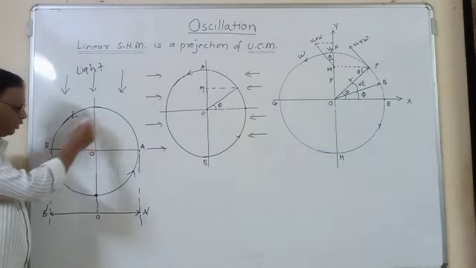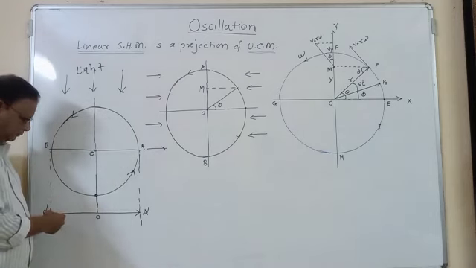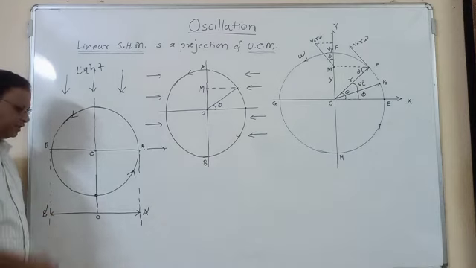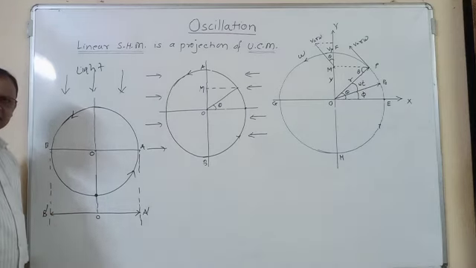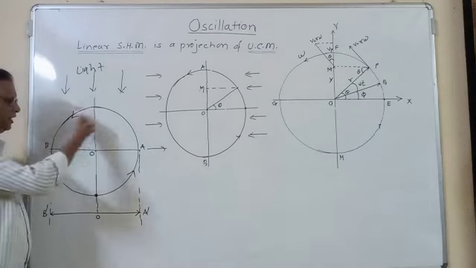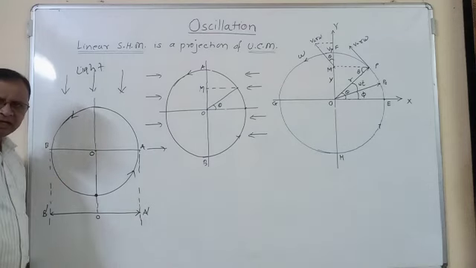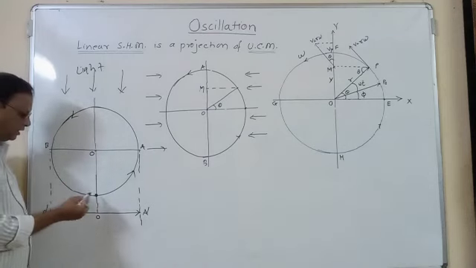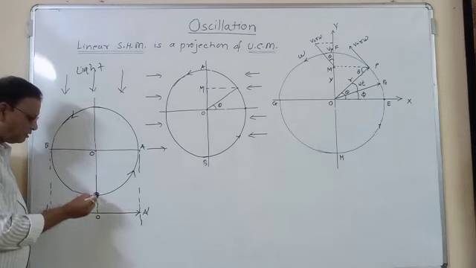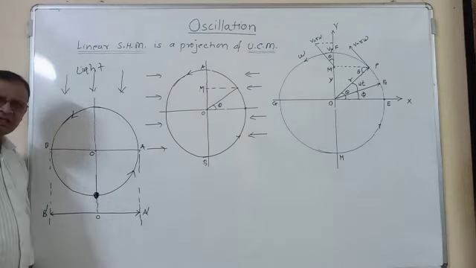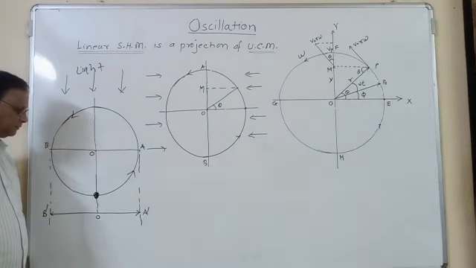Then we get the shadow of the circular path as A dash B dash. For example, we can take it as a wheel of a cycle, and there is one object which is connected or fixed to this wheel.